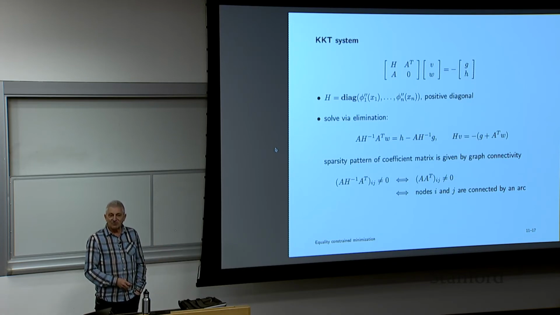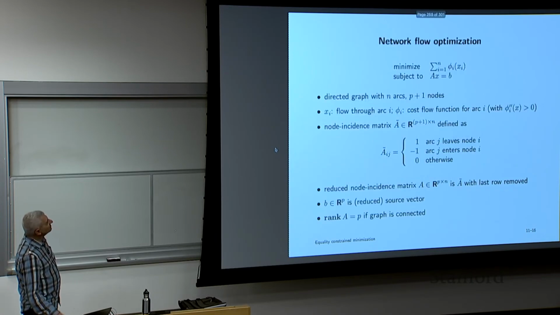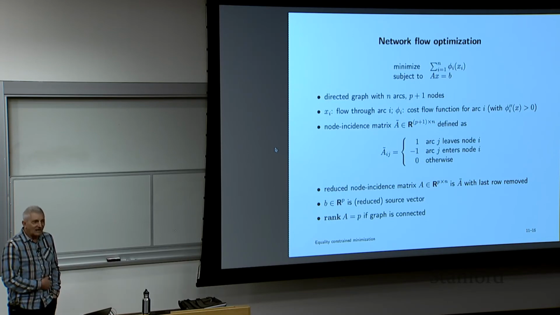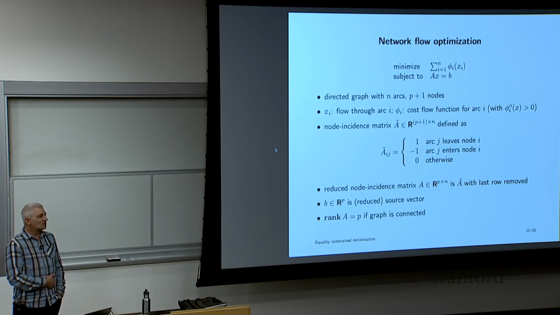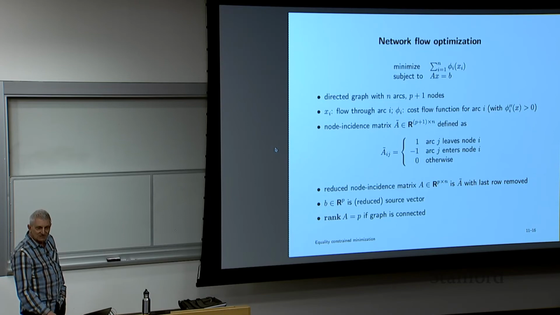And that's going to qualify as a sparse matrix. Okay? Everybody following this? So what it means is that you can solve network flow optimization problems for, I don't know, very large problems if you want, and if you know how to do it. Okay. So, all right. Did all that make sense?